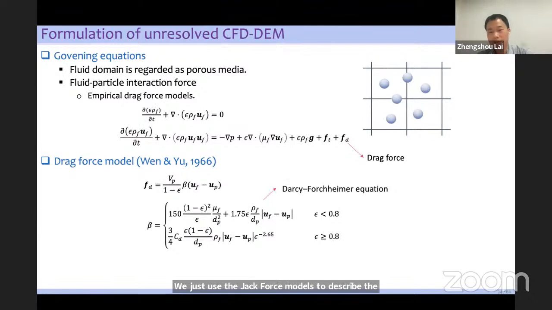The force from the particles to the fluid will be modeled by a source force in the NS equation. And the force from the fluid to the particles will be modeled as an external force to the particles.